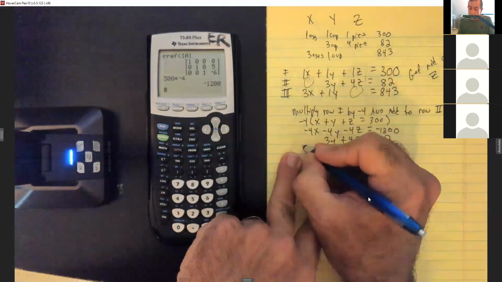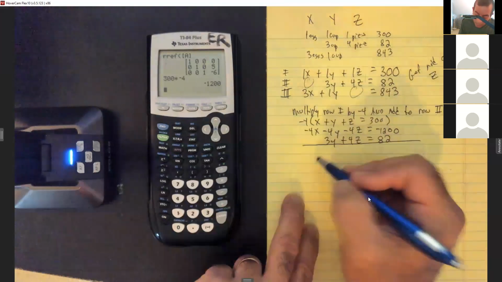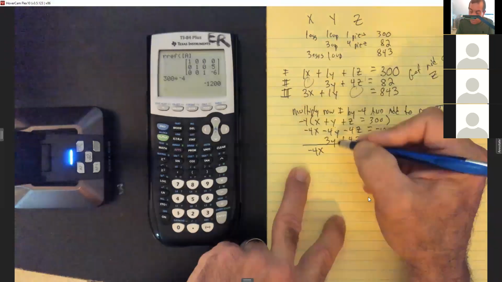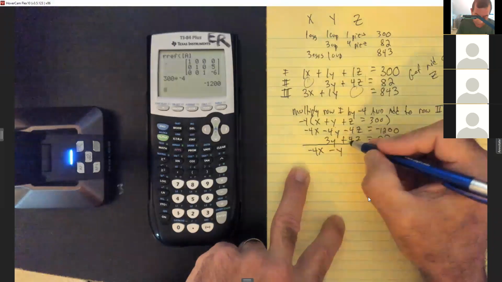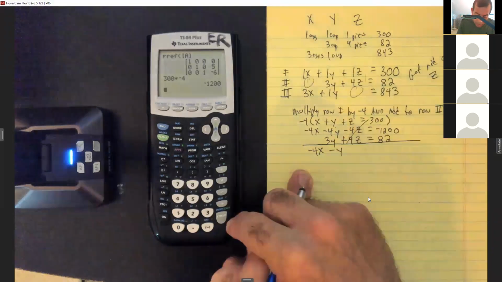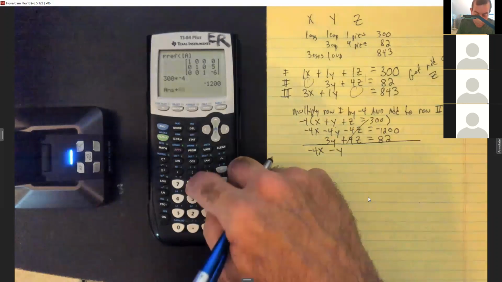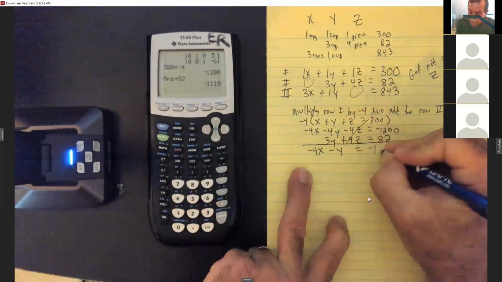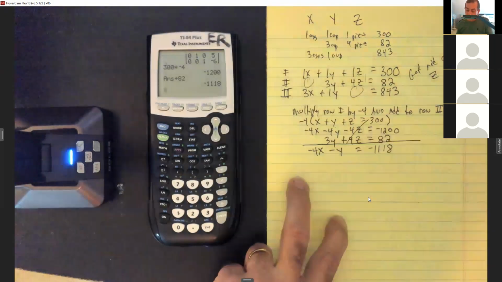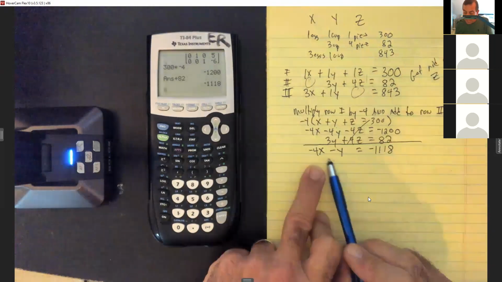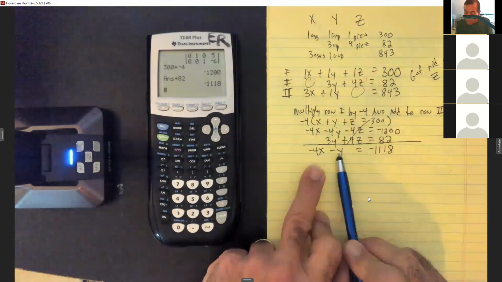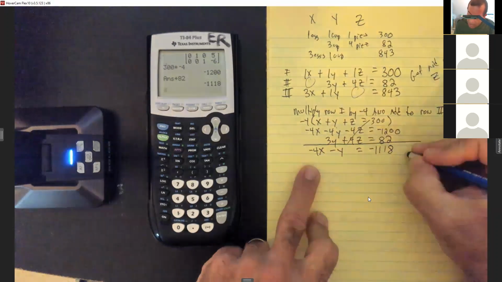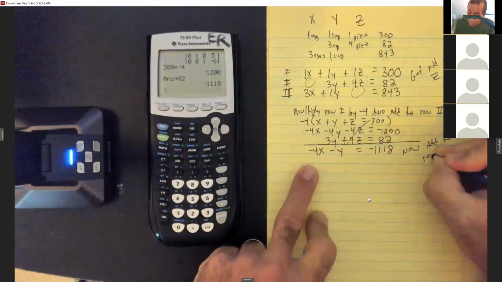So y'all, what's happening? The negative 4X comes down. Negative 4Y and 3Y give you negative Y. The Z's cancel. And then let's see, negative 1200 plus 82 is going to give me a negative 1118. Now look, X's and Y's. We got a row right here that's got X's and Y's. So I'm going to take this row, now add to row 3.